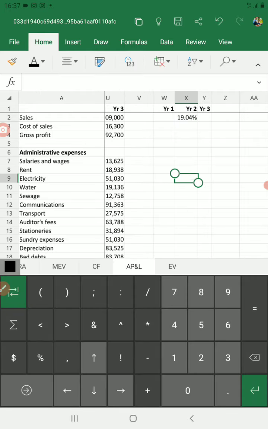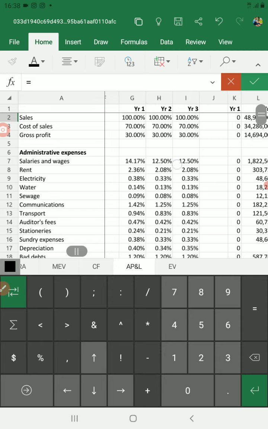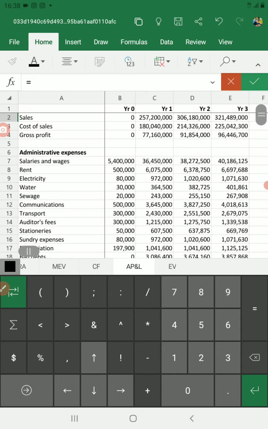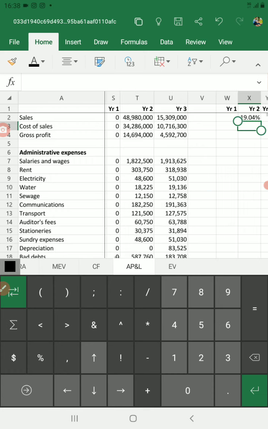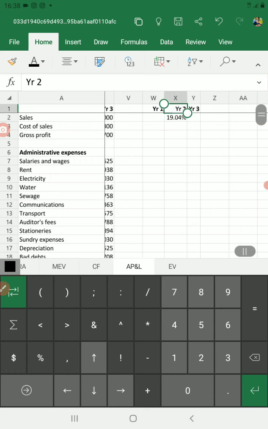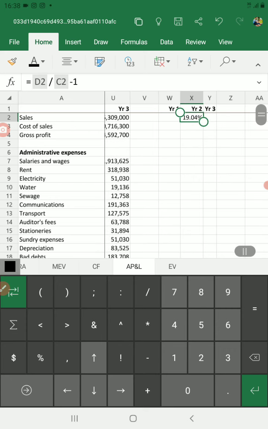So it's 19.4%. So let us use the other way. The simplest way is to start with equal sign and then take the year 2 figure, divide it by year 1 figure, and then minus 1. So we get the same. Okay, so this is the one we are going to use.